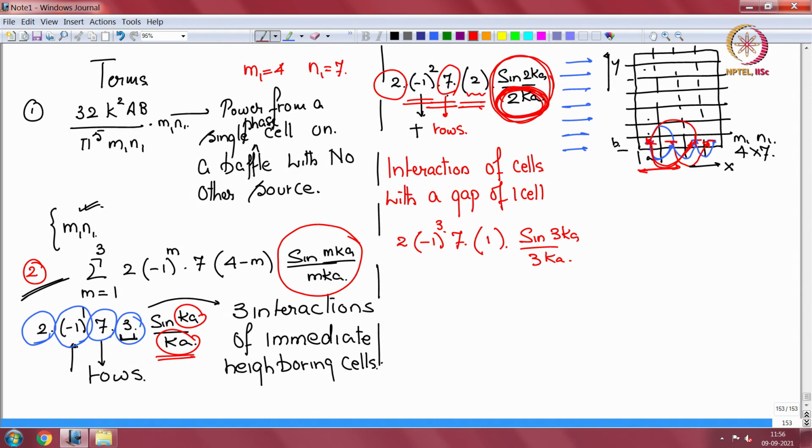Okay, so this is interaction of cells with a gap of 2 cells.